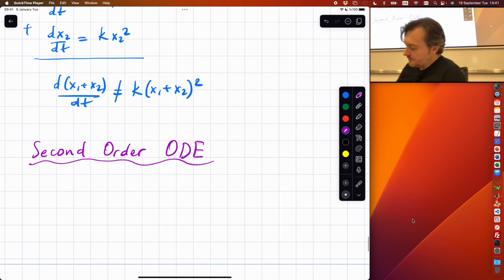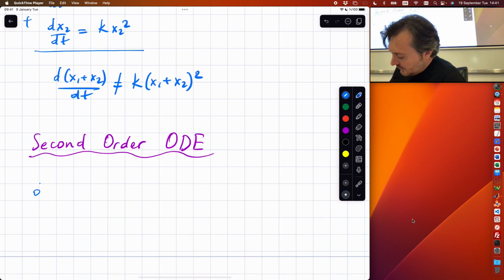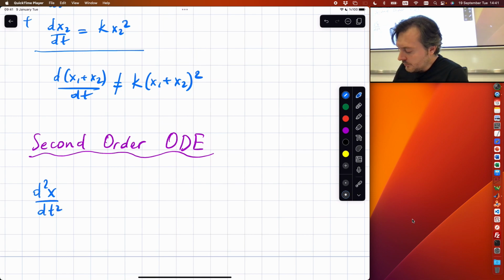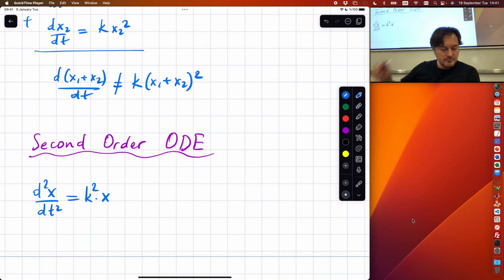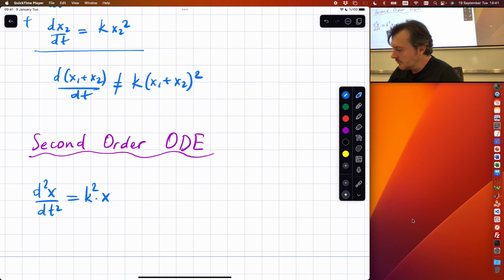For example, d squared x over dt squared is equal to k squared times x. Okay, so let's look at the right hand side. Is it linear, this part? Yes, because x is not x squared, it's just x. And this is just a coefficient.